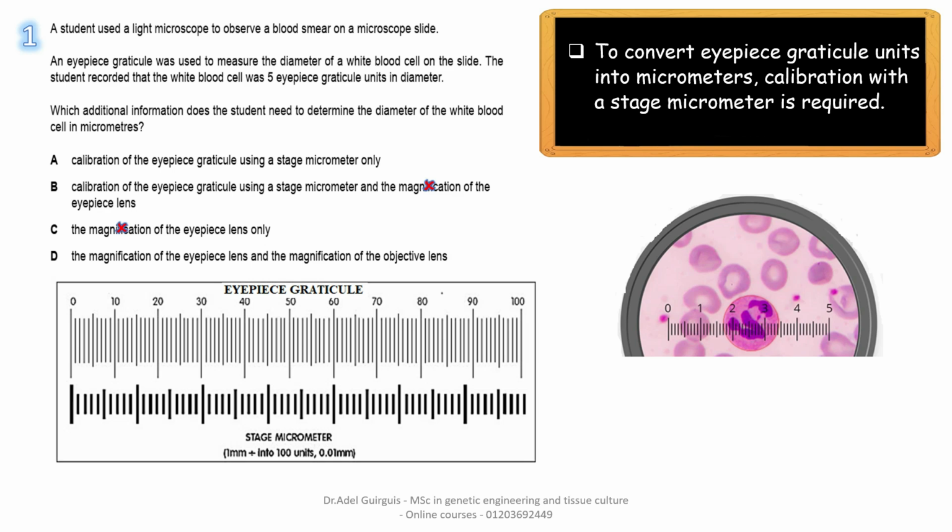Finally, you should also know that the eyepiece graticule scale comes in divisions but without units, while the stage micrometer comes in divisions with known, definite units, like micrometers for example. The answer is A.